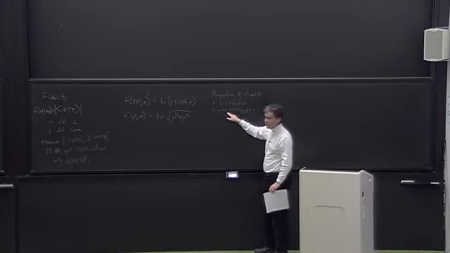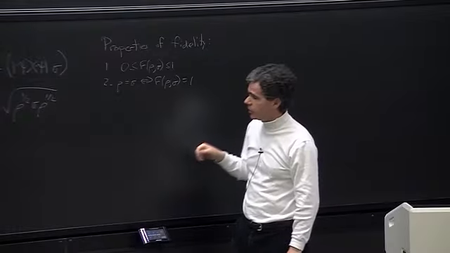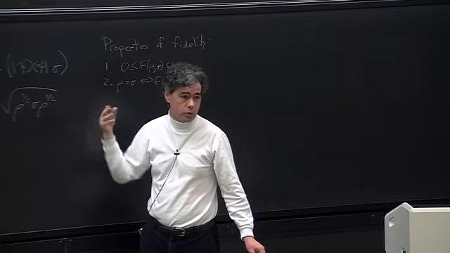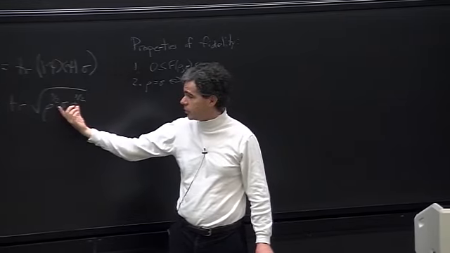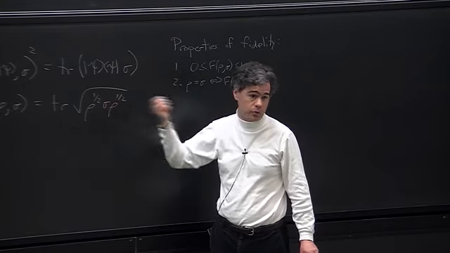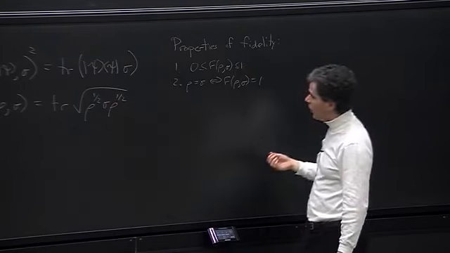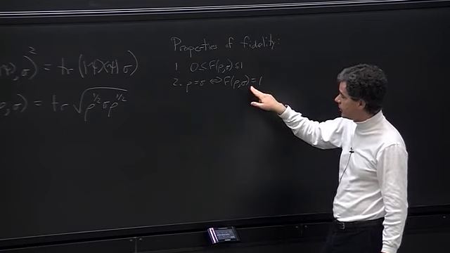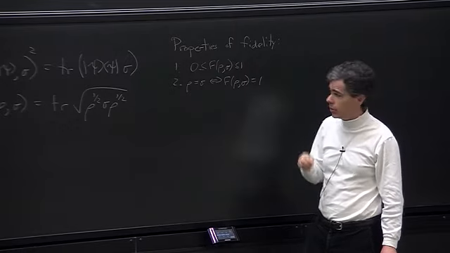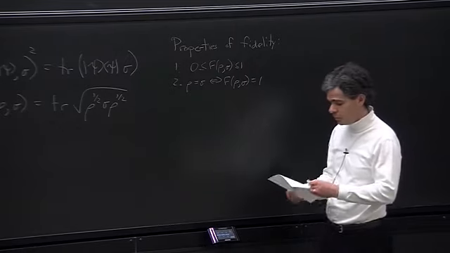So let's see. So if rho does equal sigma, that's fairly obvious, because in that case, square root of rho and sigma do commute. And so this is going to be rho squared. And then the square root gives you back rho, and trace rho is equal to 1. It's probably less obvious that this direction holds, that the fidelity is equal to 1 only if the density matrices are the same. But it's true.